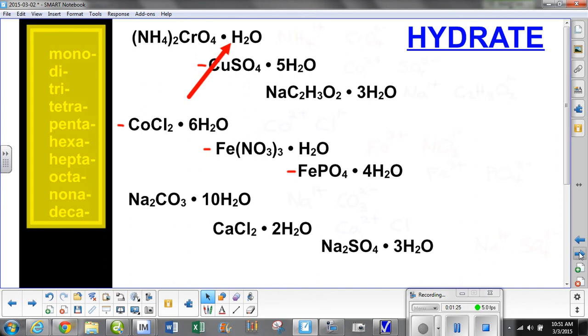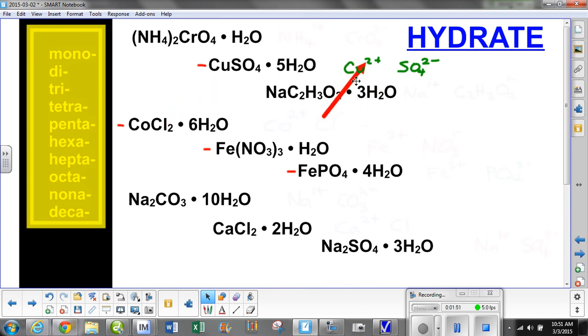Now as we go to our next molecule, we're going to see copper and sulfate. And so let's look at those ions. The copper has a 2 plus and the sulfate has a 2 minus. Now the only one that we know for sure when we start is this guy. So we've got to offset a 2 minus with only one copper.